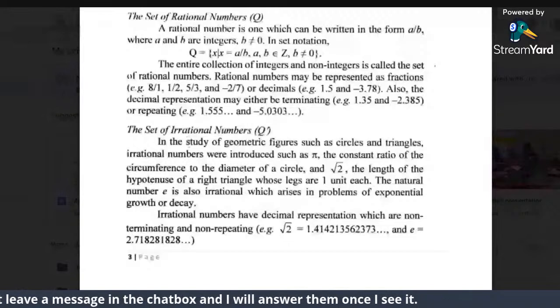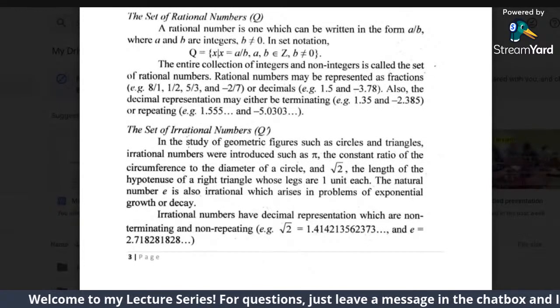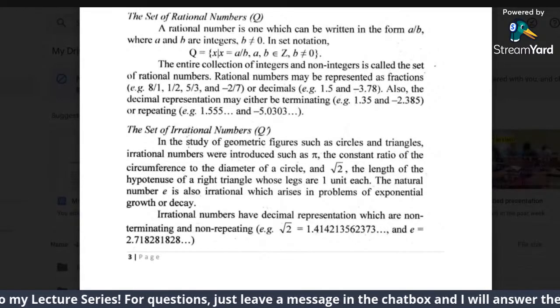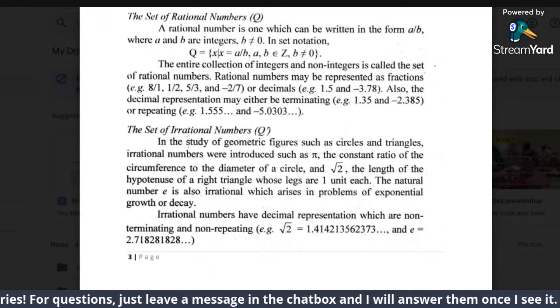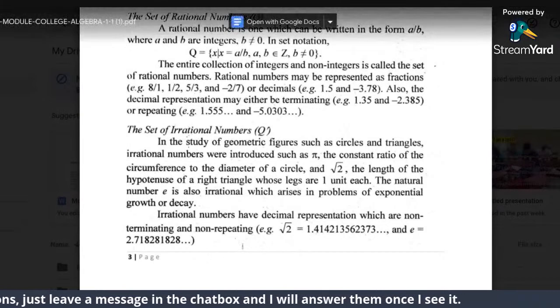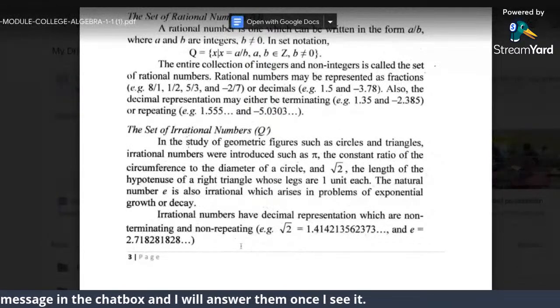So the natural number e, which you see in your calculator, if you have one with you right now, you can press e and a number will come out. It's 2.718281828 and so on. Do not be amazed by that because I'm just reading this here. But if you press that in your calculator, you'll see that the value of e is this number.